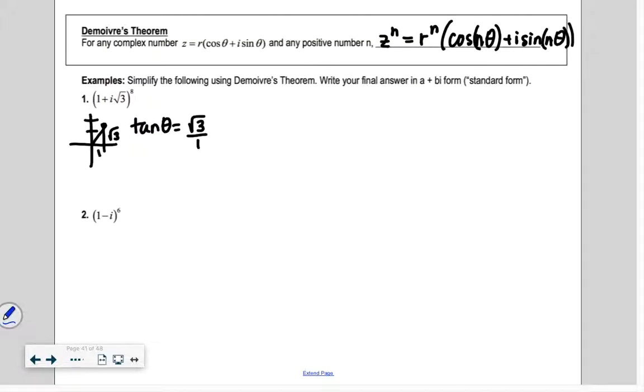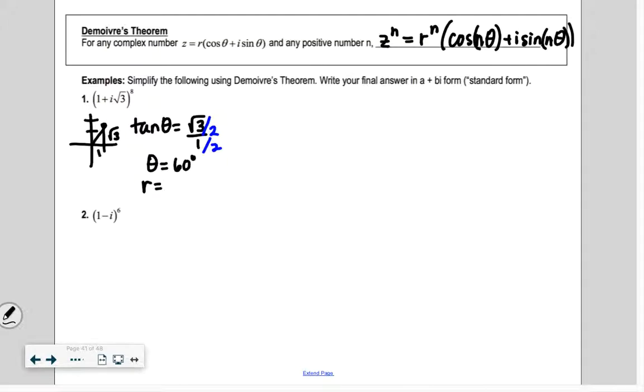I see some people thinking, divide by 2, divide by 2. So the sine is root 3 over 2, the cosine is 1/2 on our unit circle. What value is that? Yeah, it's 60 degrees. And we're in the first quadrant, so we're good. It's going to be 60 degrees.